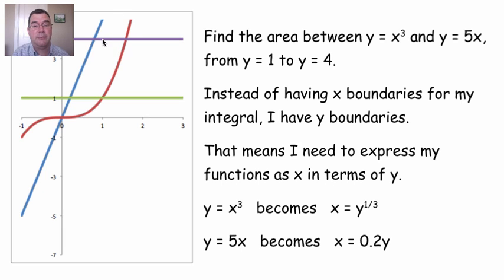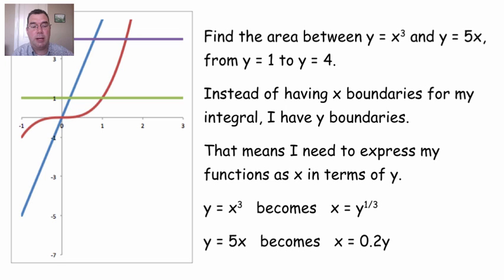So what I have to do then is, since I'm starting at a specific y and ending at a specific y, instead of having my functions be expressed as y equals something in terms of x, it has to be x in terms of y. So the first function, which was y equals x cubed, now becomes x equals y to the 1/3. And the second function, y equals 5x, becomes x equals 1/5 y, or 0.2y.